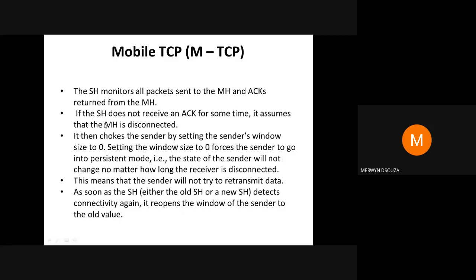So whenever it assumes that the mobile host is disconnected, the next step that the supervisory host takes is it chokes the sender by sending a packet, and it sets the window size of the sender to 0. So when you set the window size equal to 0, the sender will go to a persistent mode.